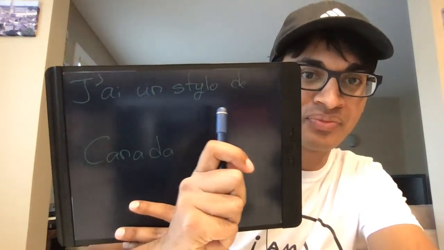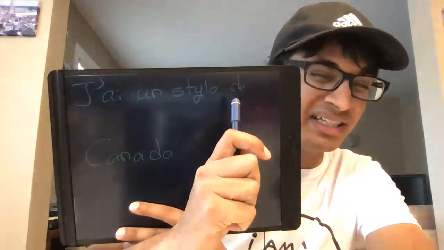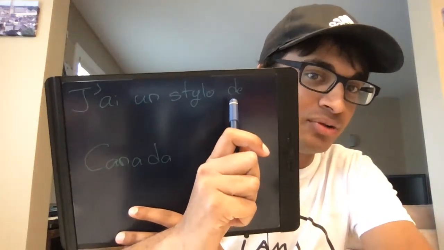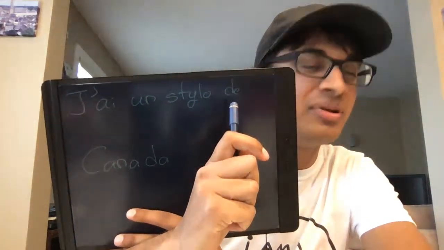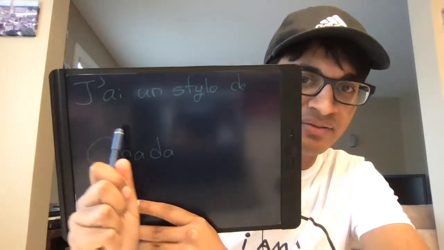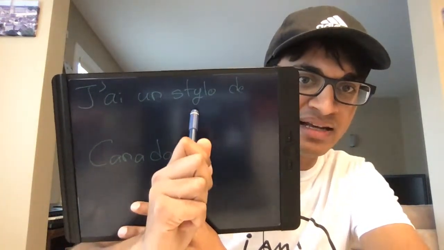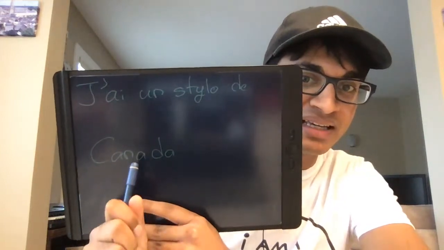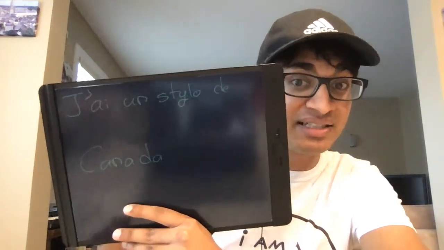A pen. We know de, but we did de a long time ago. Maybe you don't know. De is from. From can also be of, but in this case means from. I have a pen from Canada. J'ai un stylo de Canada. Très bien. What is très bien? Très bien means very, very good.